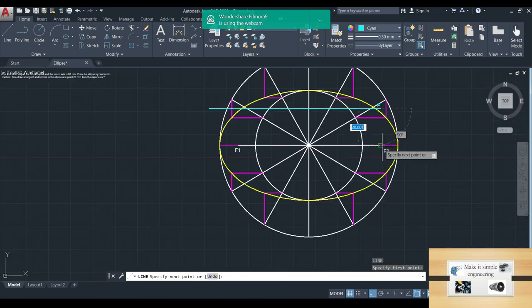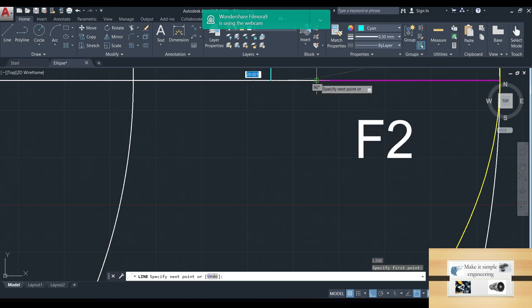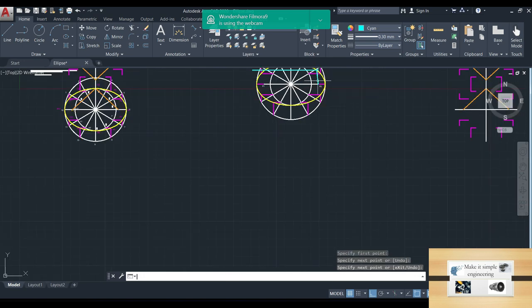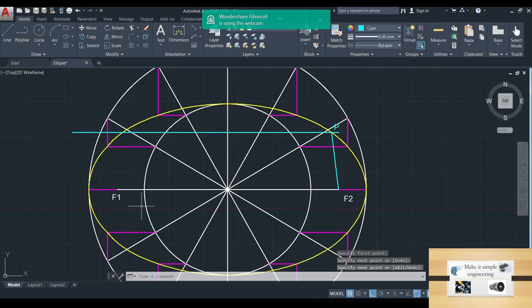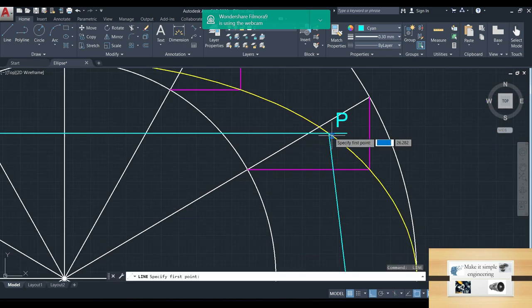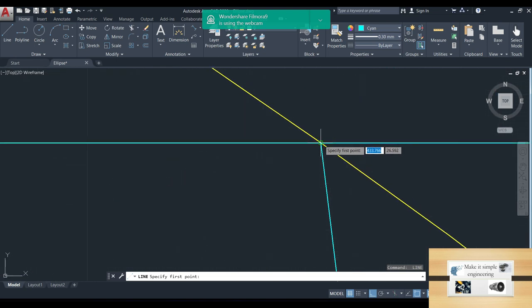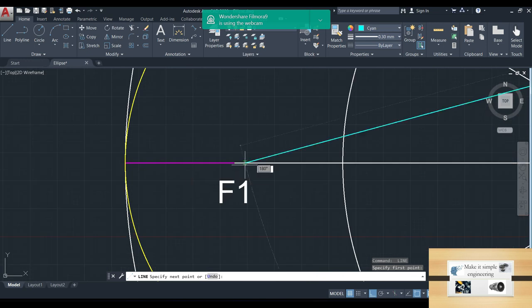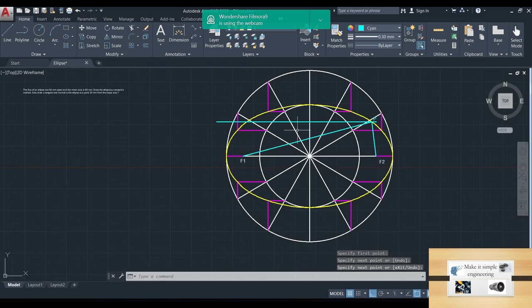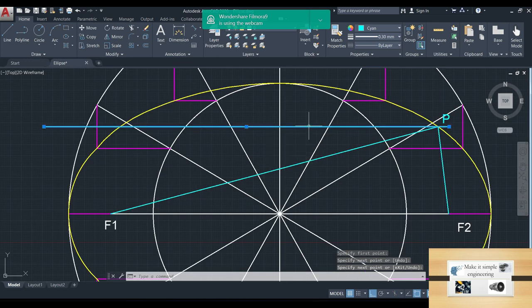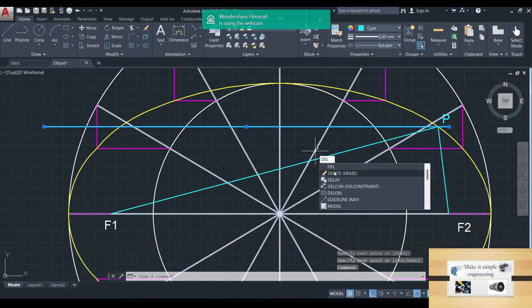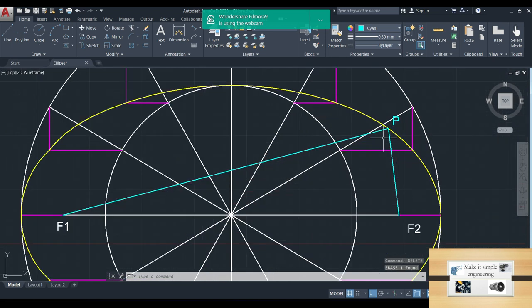So from the point P we have to draw 2 lines to the 2 foci. There are 2 foci on the ellipse. Like this. Okay, now it is not needed to retain this line, so we can delete it. So this is the required point P.